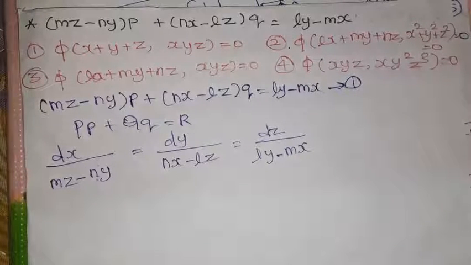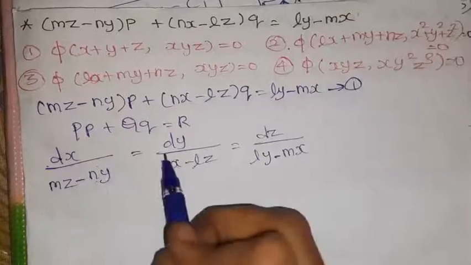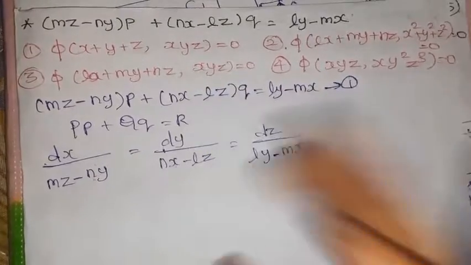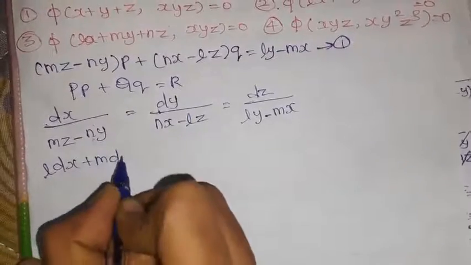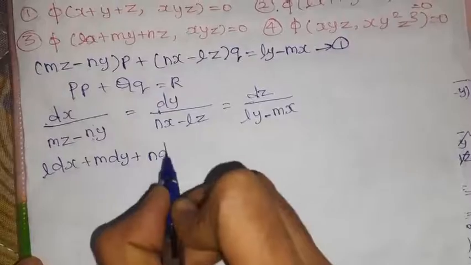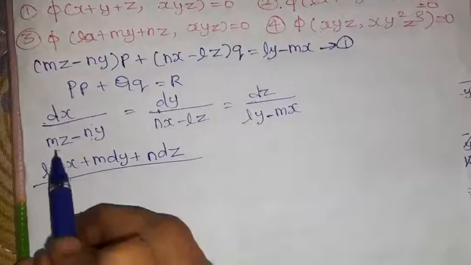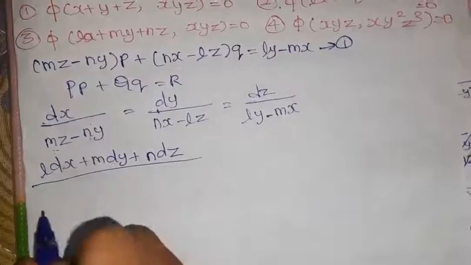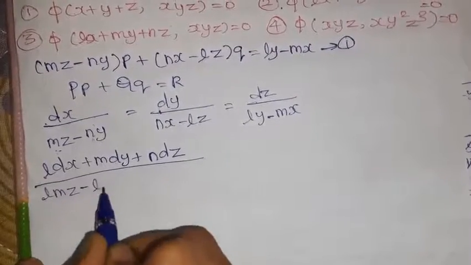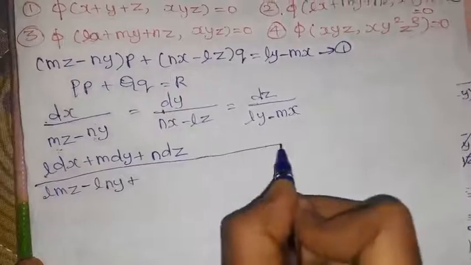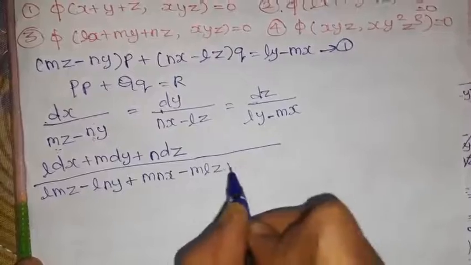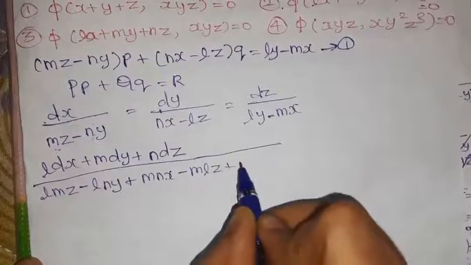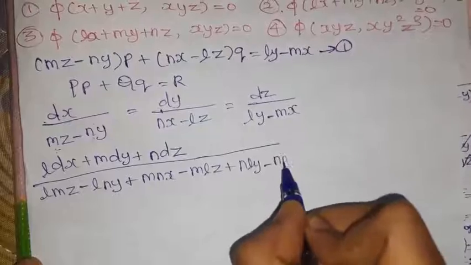So what we can do, multiply by l, m, n respectively and add together. We'll get l dx plus m dy plus n dz. In denominator, multiply by l in this term: lmz minus lny, plus mnx minus mlz, plus nly minus nmx.